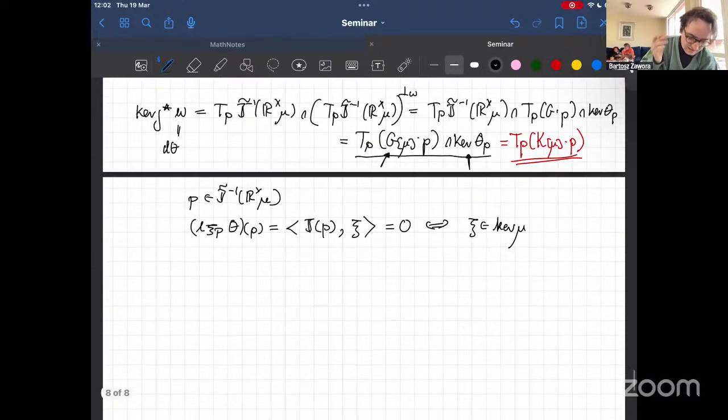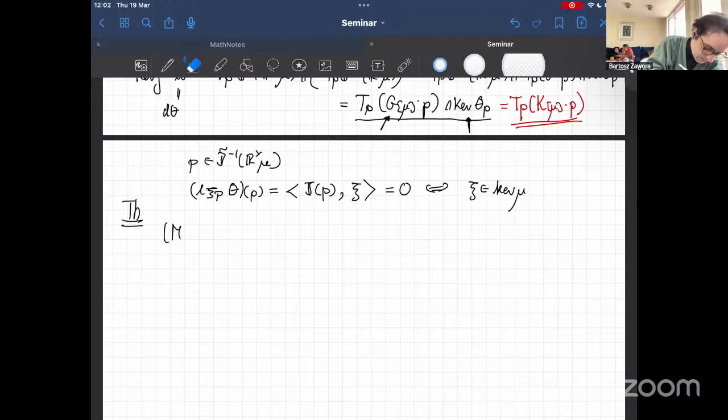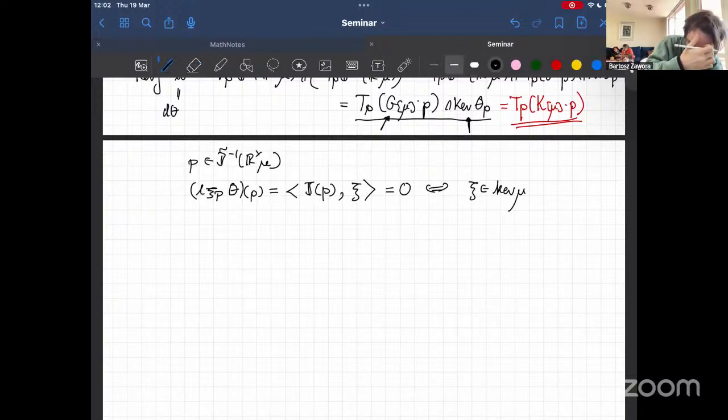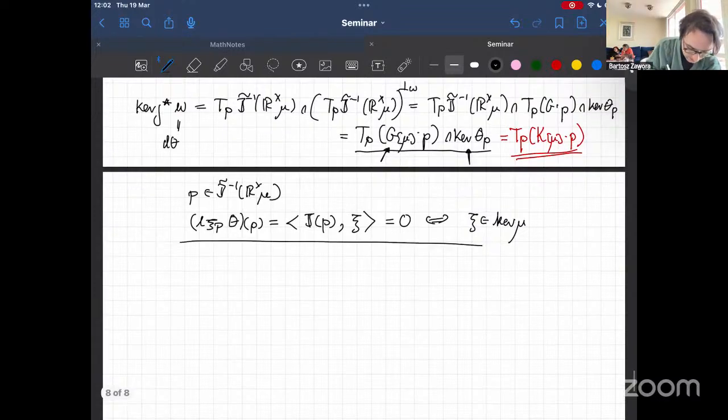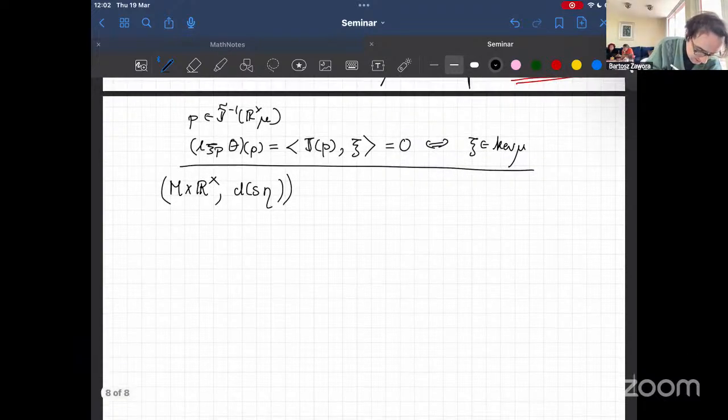So the general contact reduction looks as follows, assuming all these technical conditions. Actually, maybe before I move to contact, since we are in a symplectic setting, we have M times R with the form d(s eta), and it reduces.